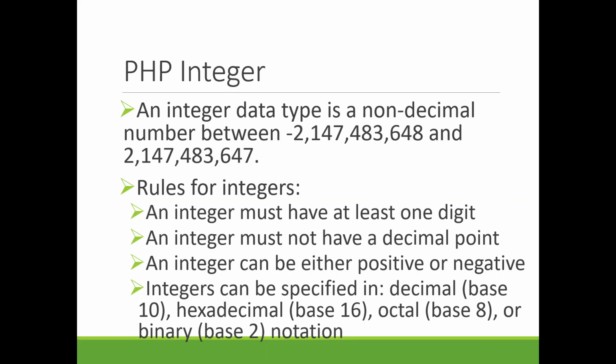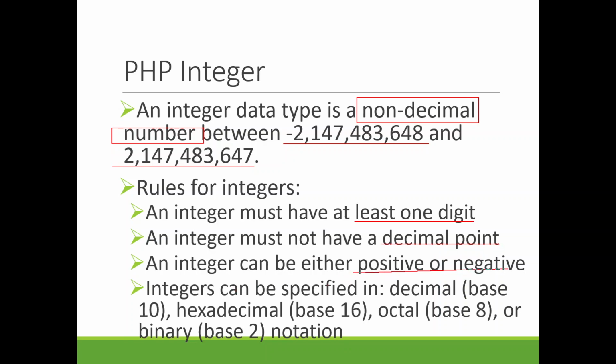Then the next one here is integer. An integer is defined as a non-decimal number between a negative value and a positive value. For it to qualify as an integer, there are some rules that must be met. One of them is that you must have at least one digit. The other one is that it must not have a decimal point.